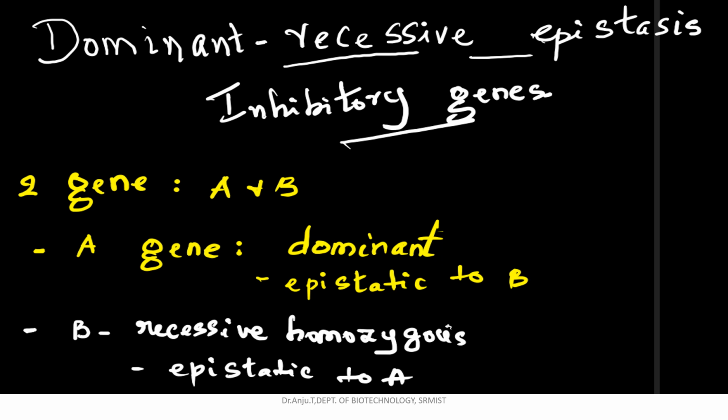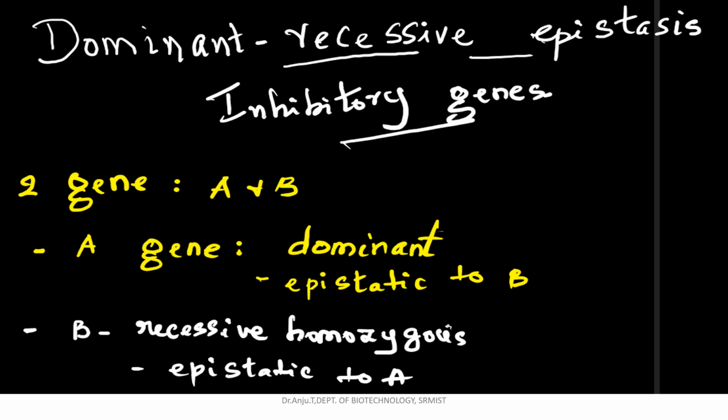But when the other gene B is present in its homozygous recessive form, it is epistatic to A. So in this gene interaction, you can see both the dominant and the recessive allele epistasis. That's why we call this gene interaction dominant recessive epistasis.